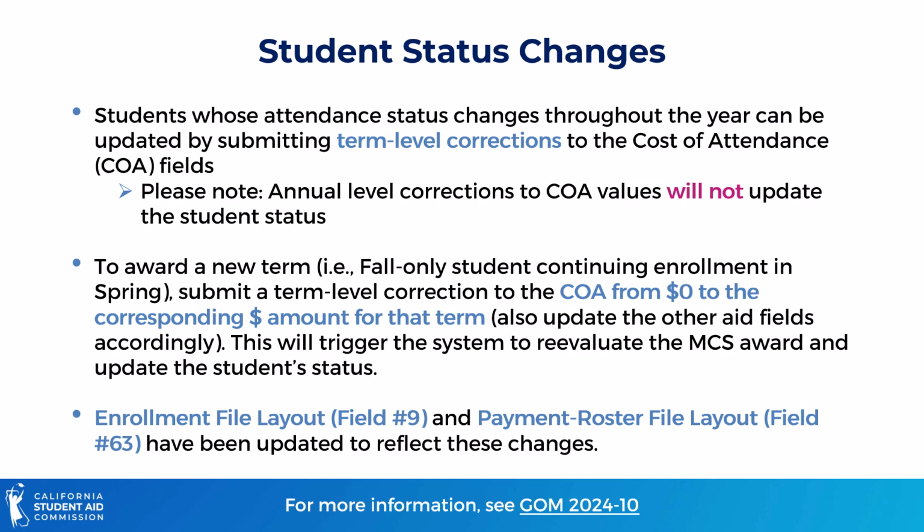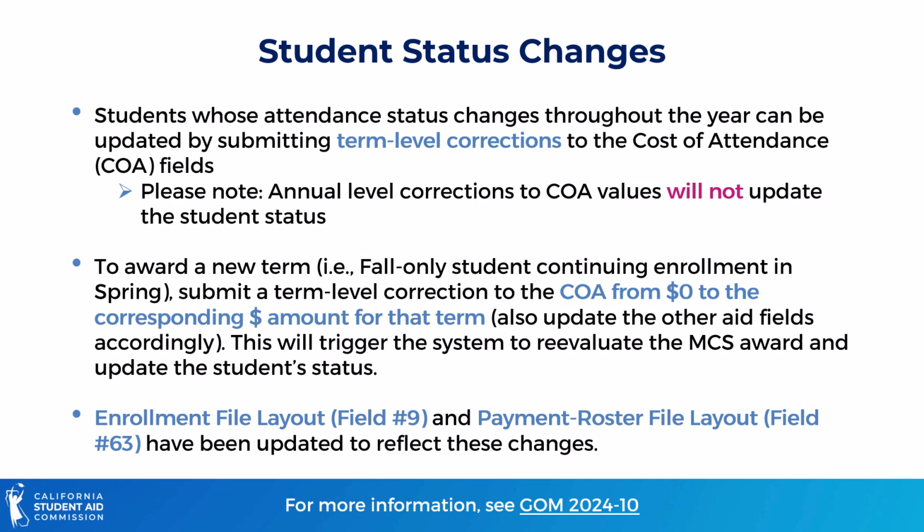WebGrants has a feature that allows schools to update a student's status for each term. For example, a student who has already been awarded MCS as a fall-only student but has decided to continue their enrollment in the spring can be updated directly in WebGrants by adding a term. This replaces the previous method of the school withdrawing the initial award and then re-uploading an enrollment file with a new student status.